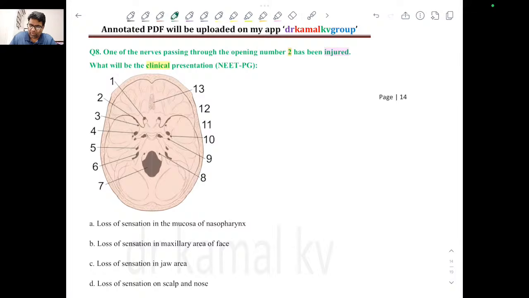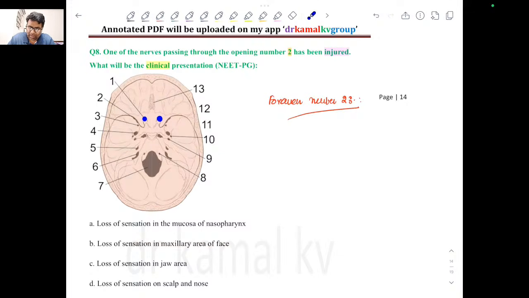So firstly, we will identify what is foramen number 2 here. So what is foramen number 2? This one is the foramen number 2 which is asked in the question. Yes, anyone? This is foramen number 2. Now before that, let me help you a little bit more.